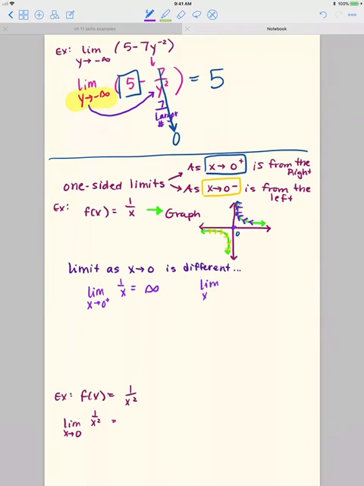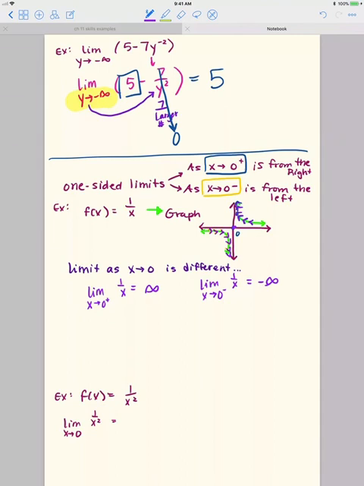However, if you look at the 1 over x function as x goes to 0 from the left, you see that the graph ends up trying to get infinitely large in the negative sense because it shoots down the y-axis. So as x approaches 0 from the left, those function values approach negative infinity.